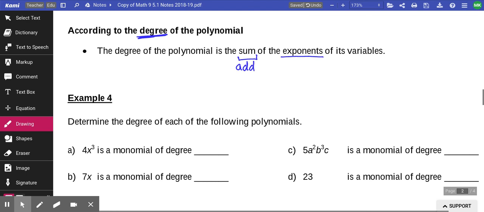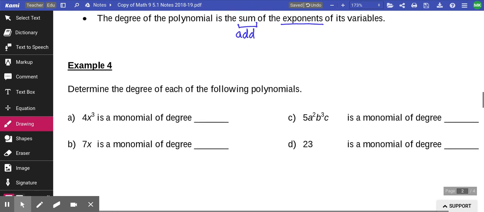If you had a polynomial with lots of terms, you wouldn't add all the exponents, you just add the exponents of the term. We'll do some monomials to start. So if you look at this first question, that is a monomial of degree 3. The reason it's degree 3 is because it has an exponent of 3. If you look at B, that would be of degree 1. Because there's an invisible exponent of 1.